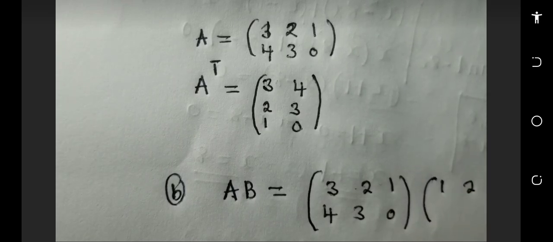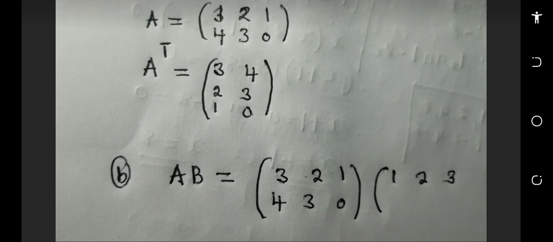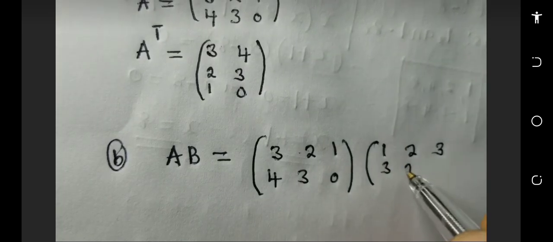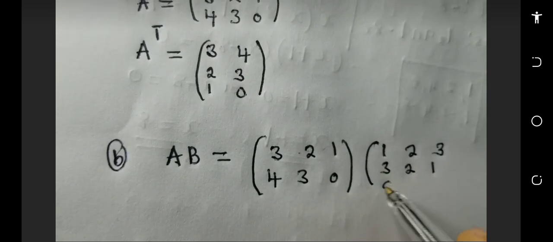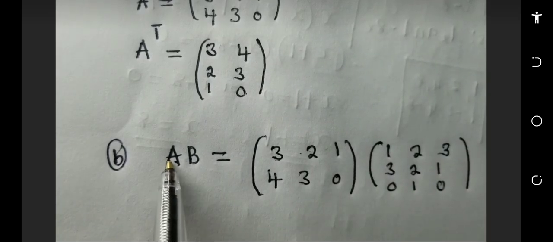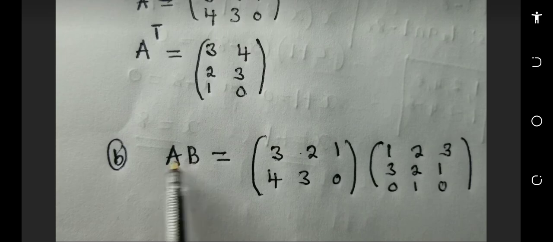Okay? 1, 2, 3. And here for our B, we have 3, 2, 1. Here it's 0, 1, 0, like that. So when you just see letters like this, one represents a matrix and this one a matrix. And if they write them like this, it means multiplication.